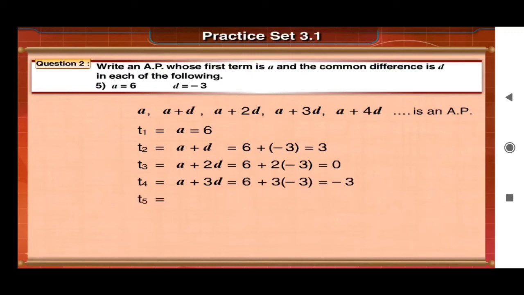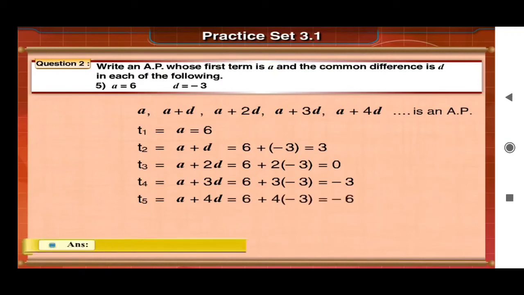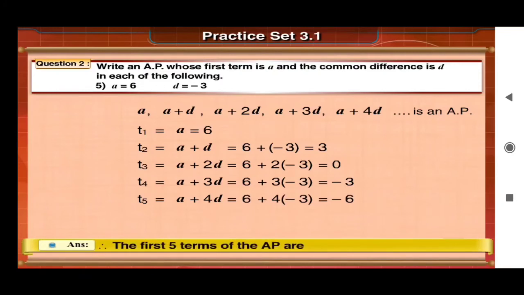T5 is equal to A plus 4D, that is equal to 6 plus 4 into minus 3, which is equal to minus 6. Therefore, the first 5 terms of an arithmetic progression are 6, 3, 0, minus 3, minus 6, and so on.